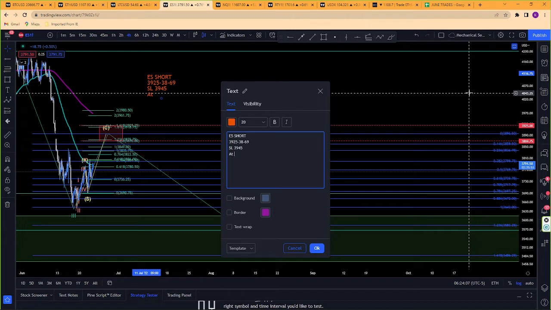At 37.69, take 25% profits, trim, and move the stop loss to entry. Full TP out at 35.83.